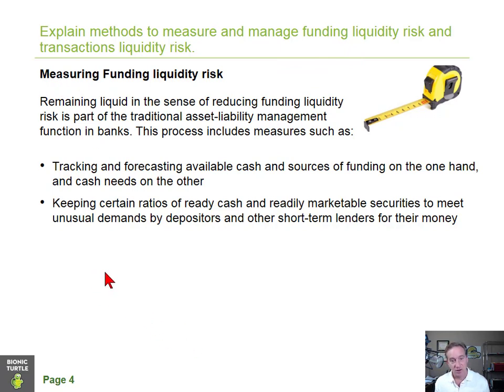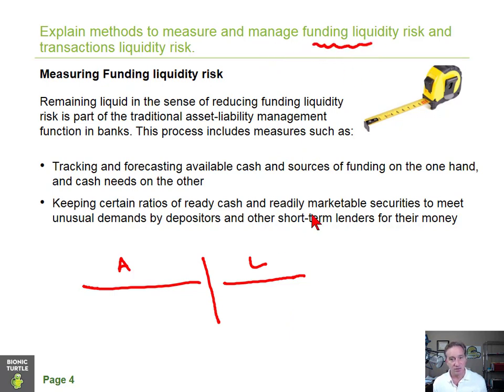You may recall I talked about this. There are different ways to look at this, but I like to think about it in terms of a simplified balance sheet, where funding liquidity risk is associated with the liability side, the sources of funds.